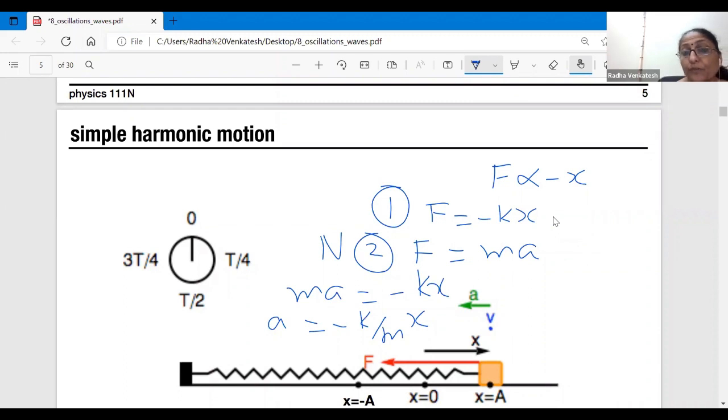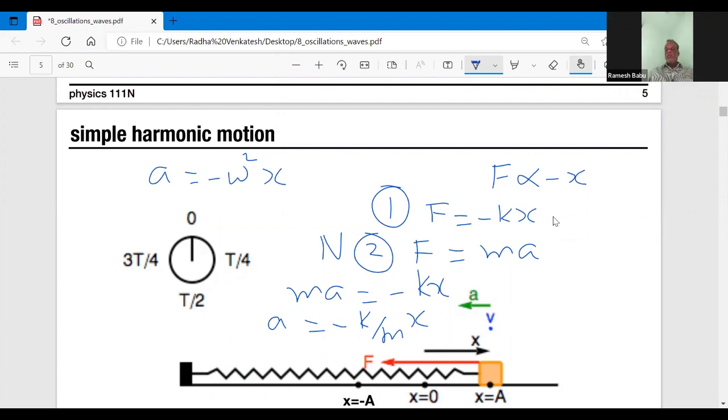Again, I've proved that a is proportional to minus x, so it is simple harmonic motion, right? Fine, teachers. Then in your simple harmonic motion, you would have already proved a is equal to minus omega squared x.